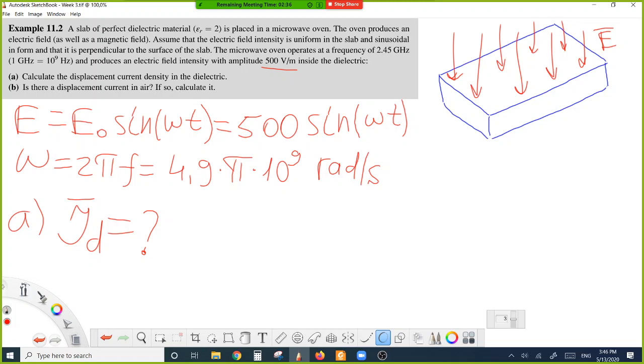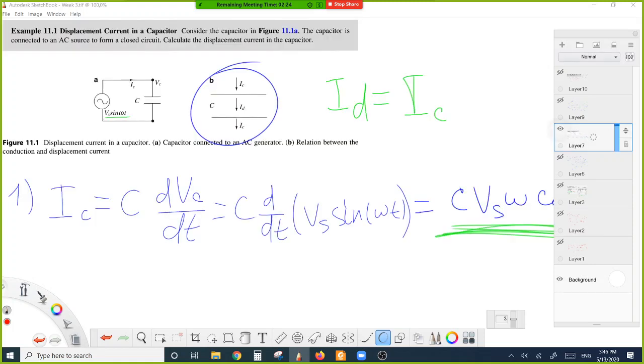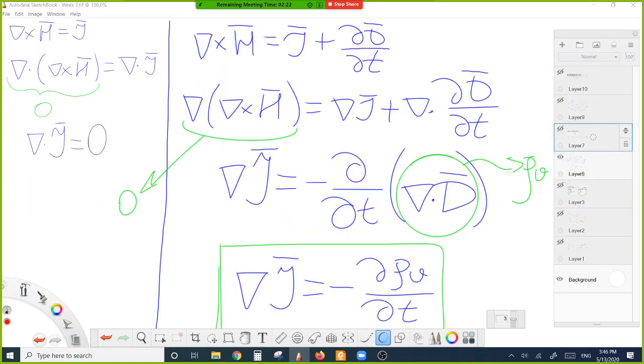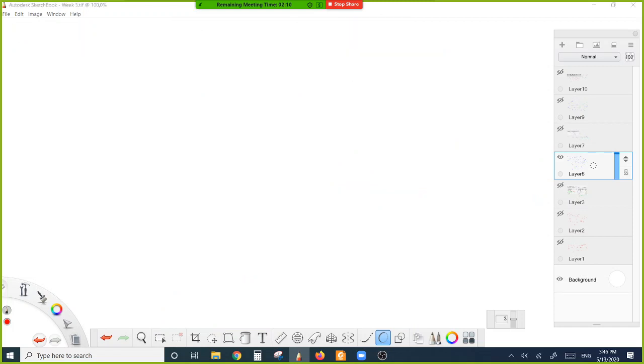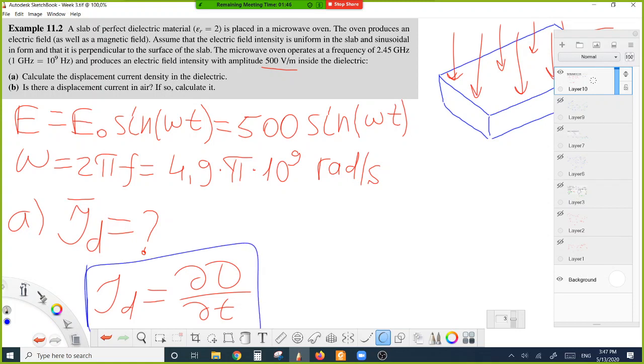From the previous definitions, we know that JD is equal to the change of electric flux density by time.